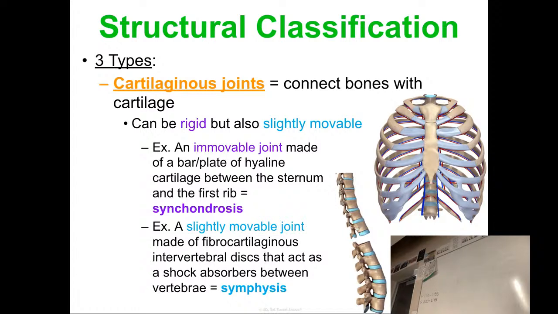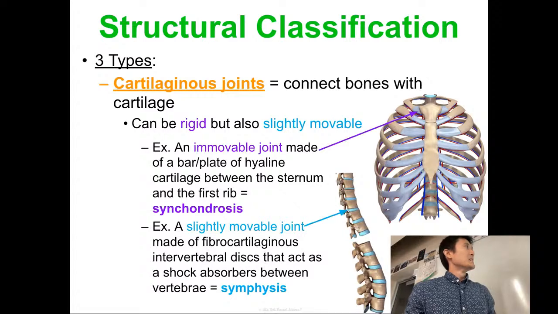Also, the discs in your spine. They shouldn't move very much. If they do move, sometimes you get a slipped disc or a herniated disc when it kind of bubbles out and it causes a lot of pain. So those would be considered cartilaginous joints based upon what they look like. Based upon what they do, they would be more like amphiarthroses.